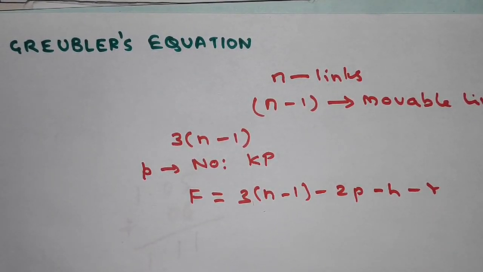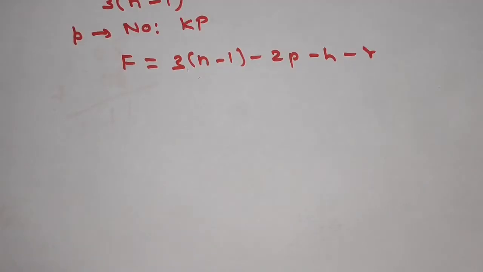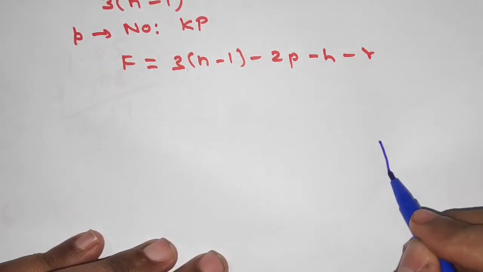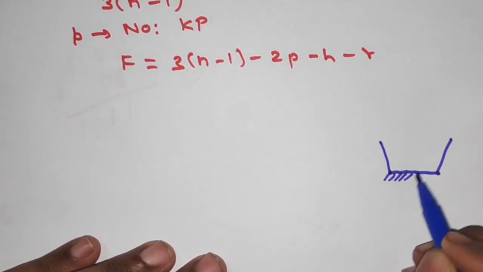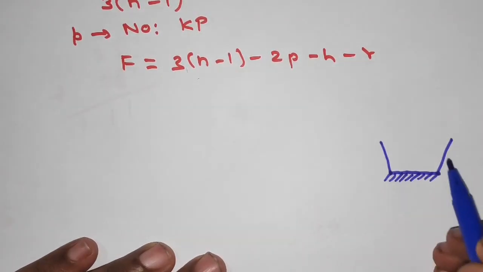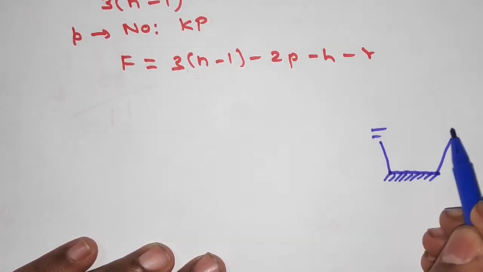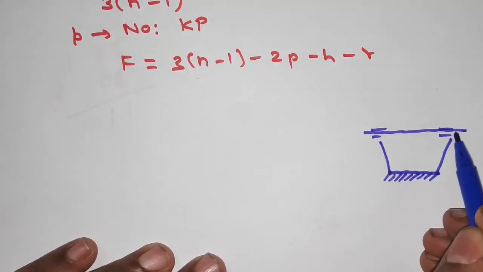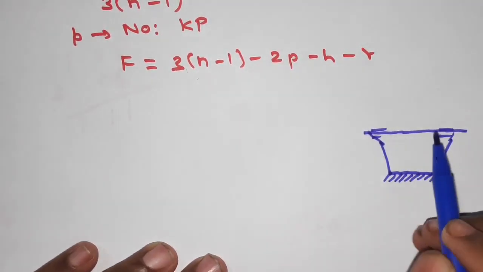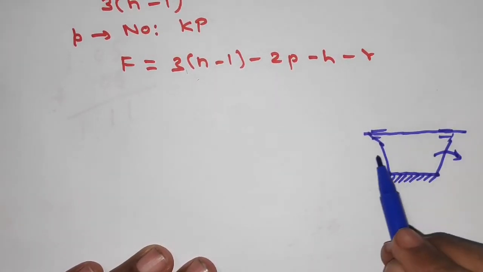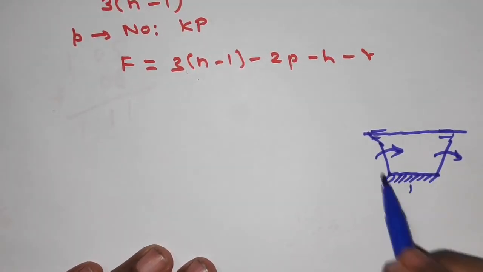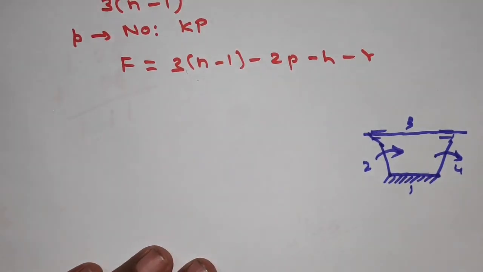So what is this redundant degree of freedom? Now I shall take a simple mechanism in this form. So here this is a fixed link, this is the second link, third link, and we have the fourth link that slides in this slider. So 1, 2, 3 and 4 are the link numbers.